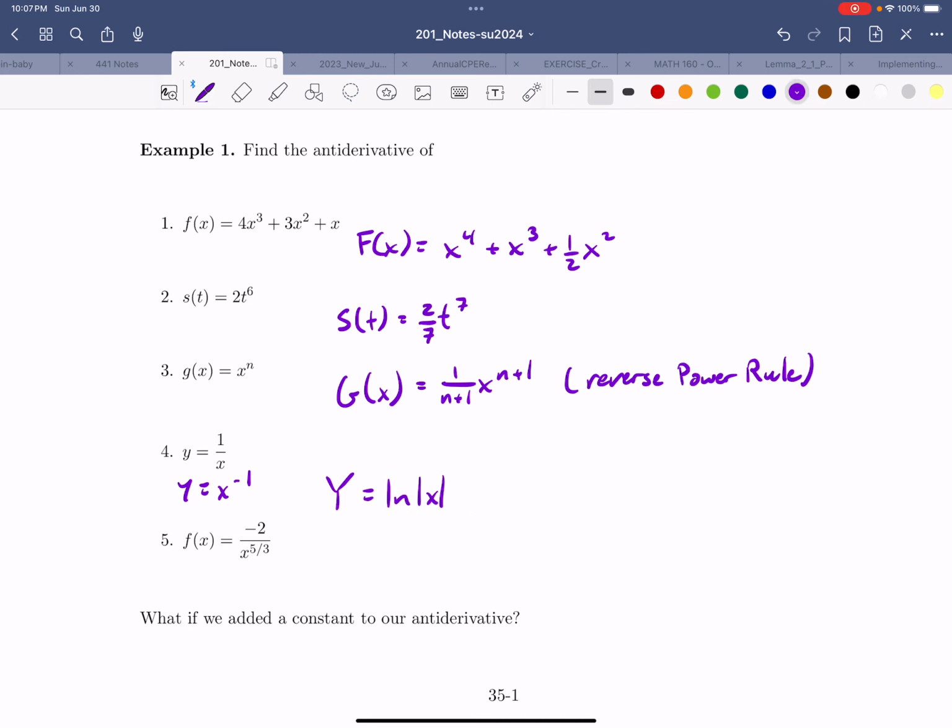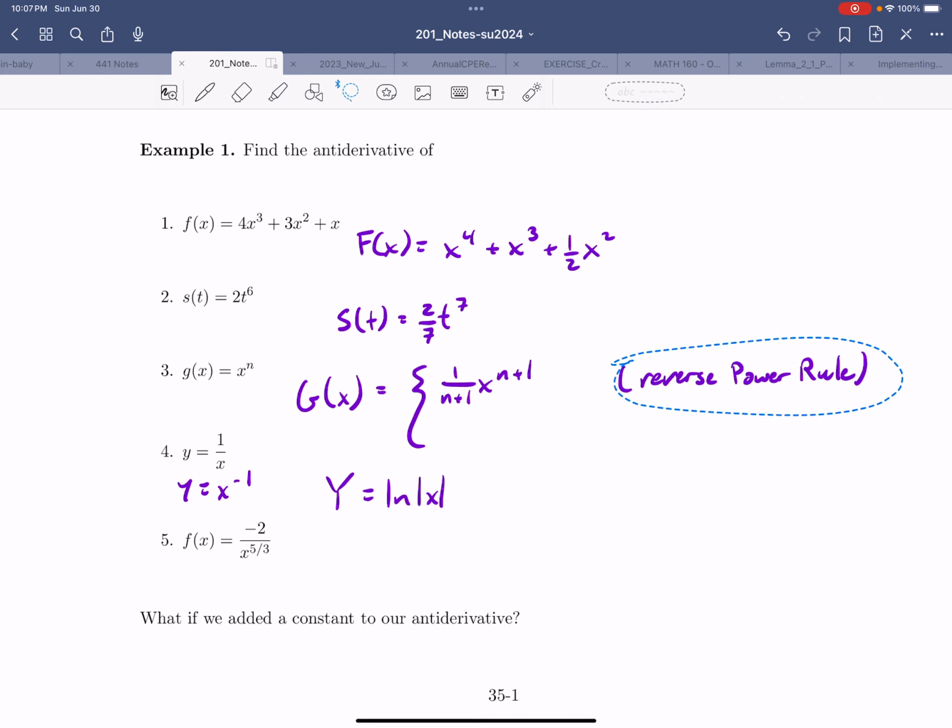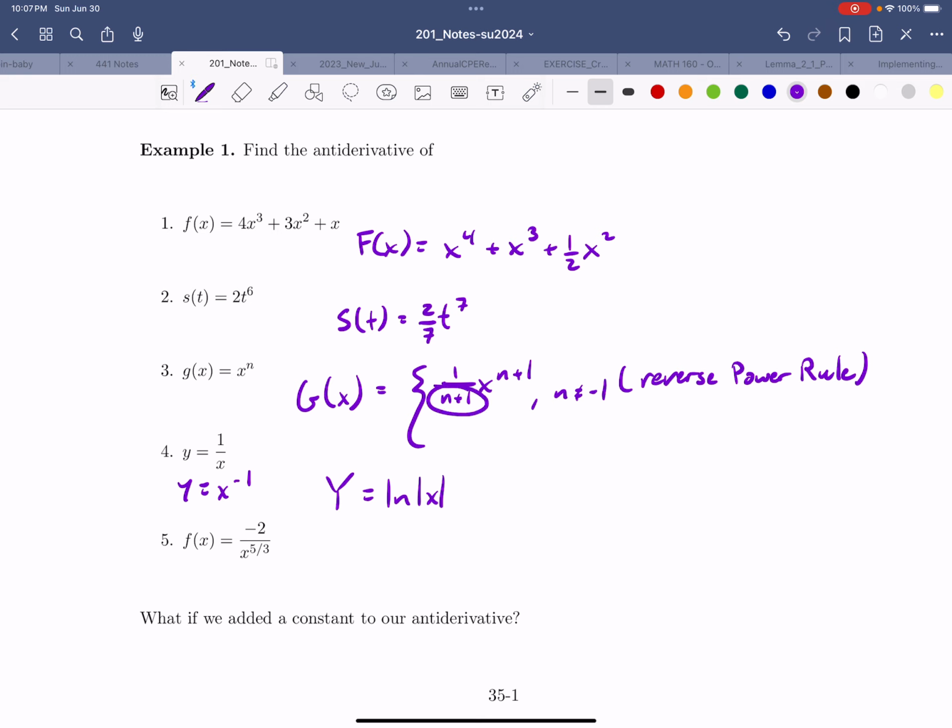Well, maybe we ought to be a little careful and go back here and say, hold on a second. The antiderivative of x to the n is this guy for n not equal to negative 1, right? And if you think about it, we'd be dividing by 0 when n equaled negative 1. But we have ln of the absolute value of x when n does equal negative 1.